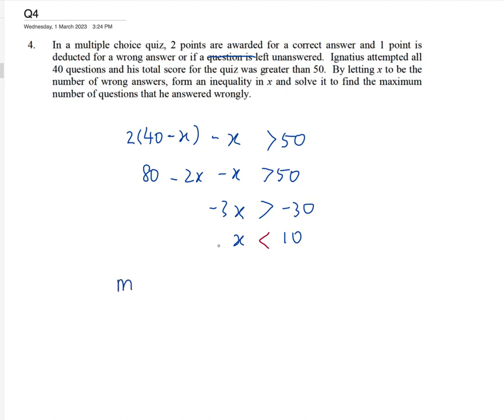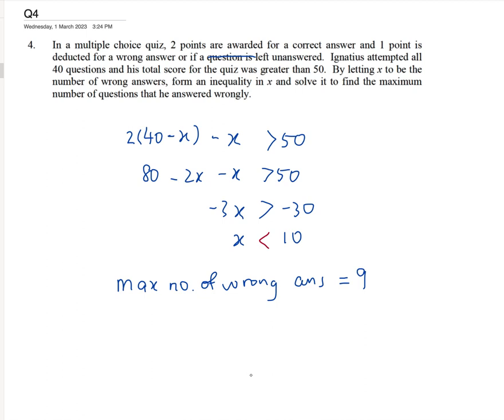Now, the number of questions is a whole number, so the maximum we can go, which is less than 10, must be 9.